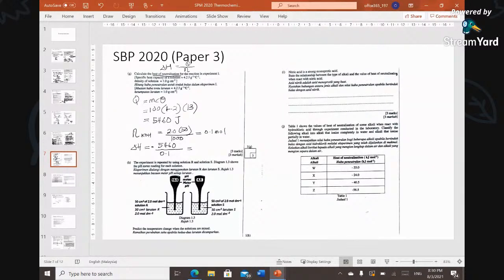You check in the question whether they ask for the unit in kilojoule or joule. They didn't specify in the question, so you can write down the answer in joule per mole or kilojoule per mole. For any heat, heat of displacement, neutralization or precipitation, you need to have the sign first.